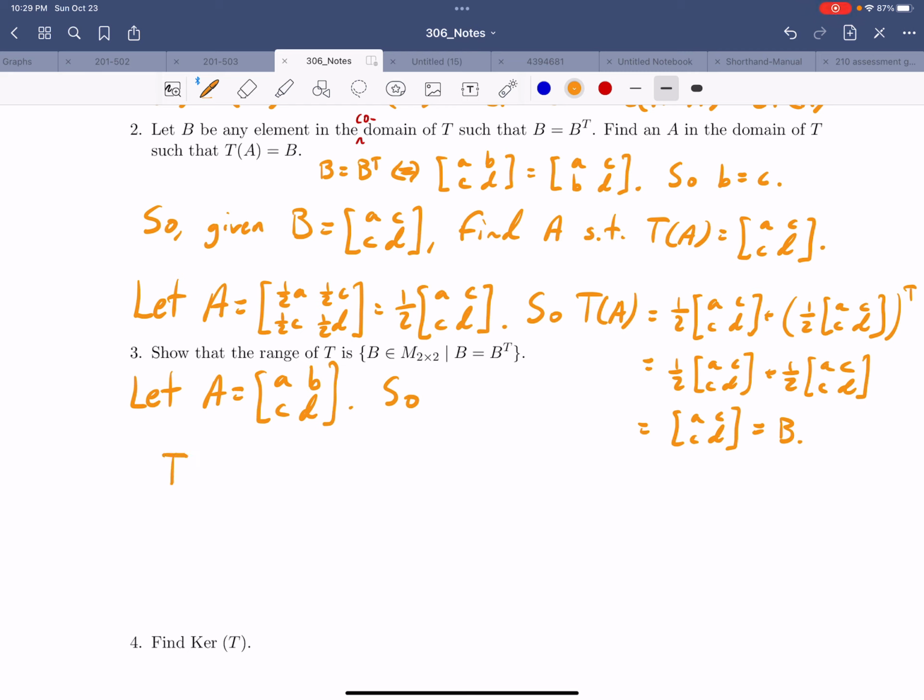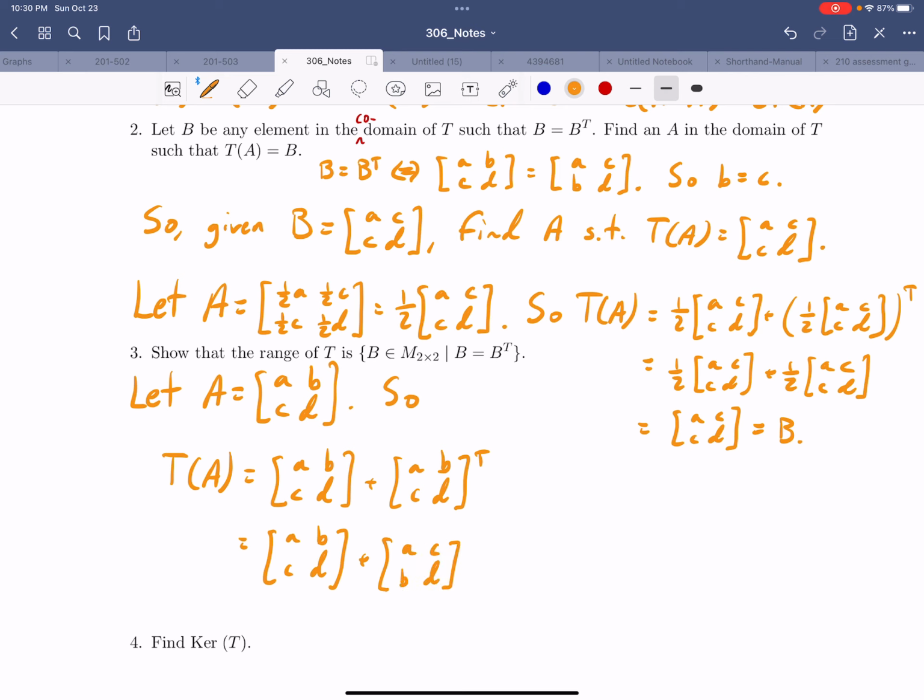So T of [a, b; c, d], what's that going to equal? It's going to be [a, b; c, d] plus [a, b; c, d] transpose. And then that equals [a, b; c, d] plus [a, c; b, d], because we just transposed it.